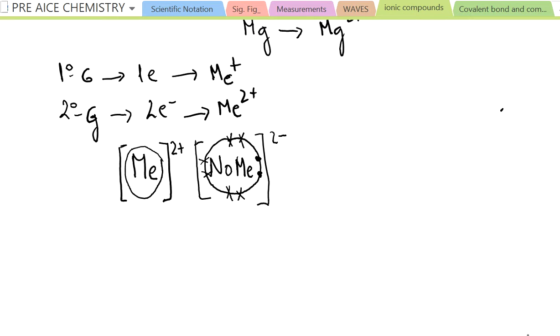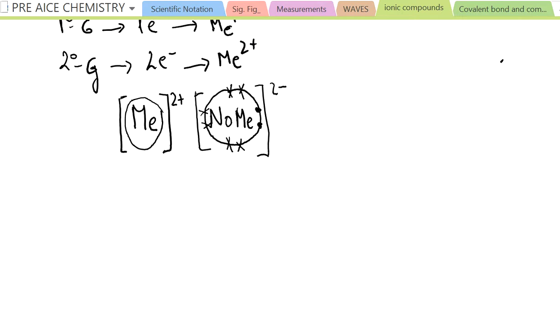Okay, so if we have the same charges in the metal and the non-metal, we are going to cross the charges anyway, and in this case we can simplify them. For example, if we have magnesium and oxygen, the magnesium is 2+ because it belongs in group 2.